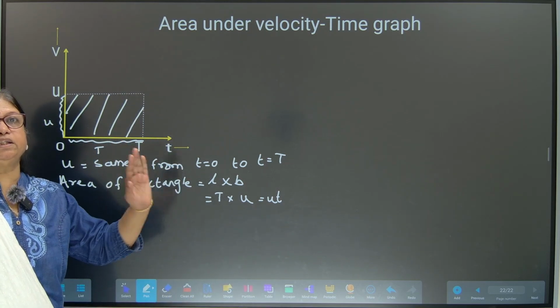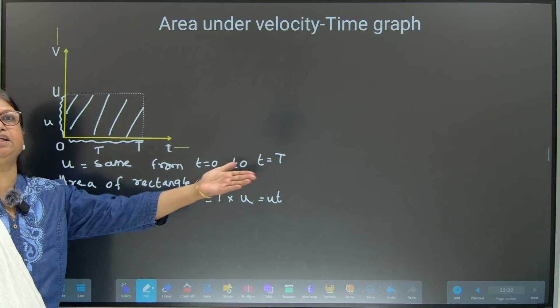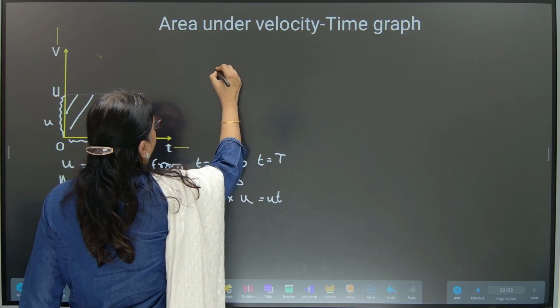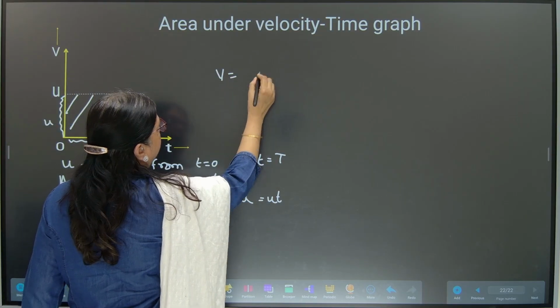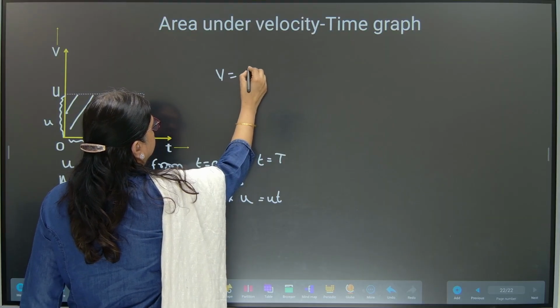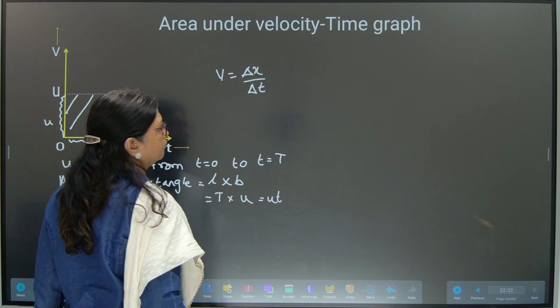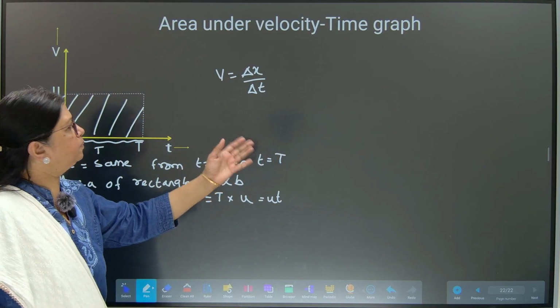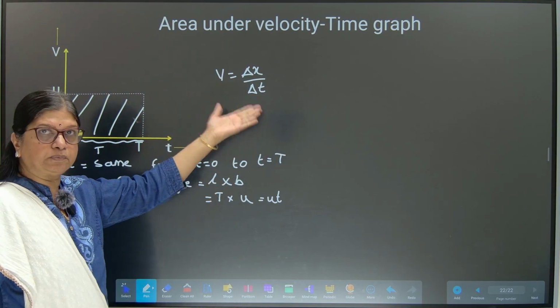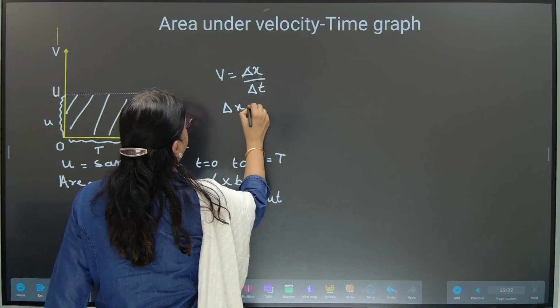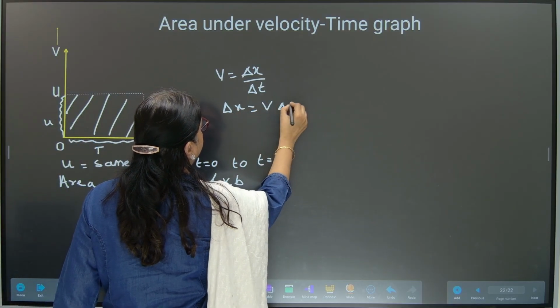But what is velocity into time? What is our formula? Velocity is equal to delta x upon delta t, displacement upon time. So displacement delta x is equal to v into delta t.